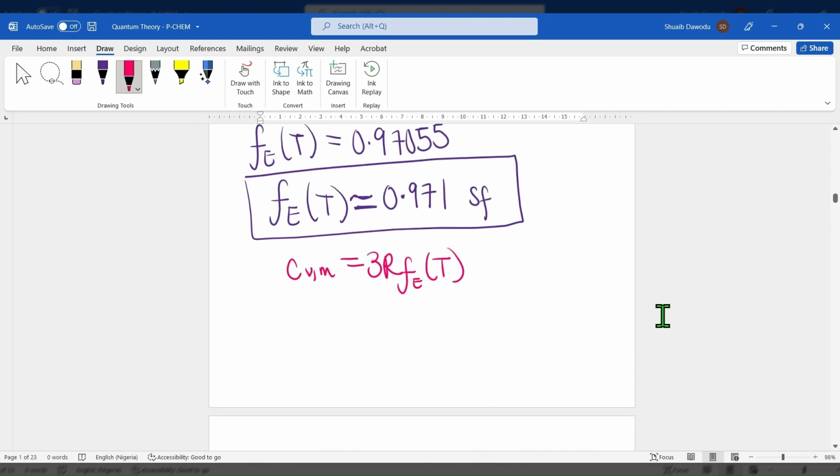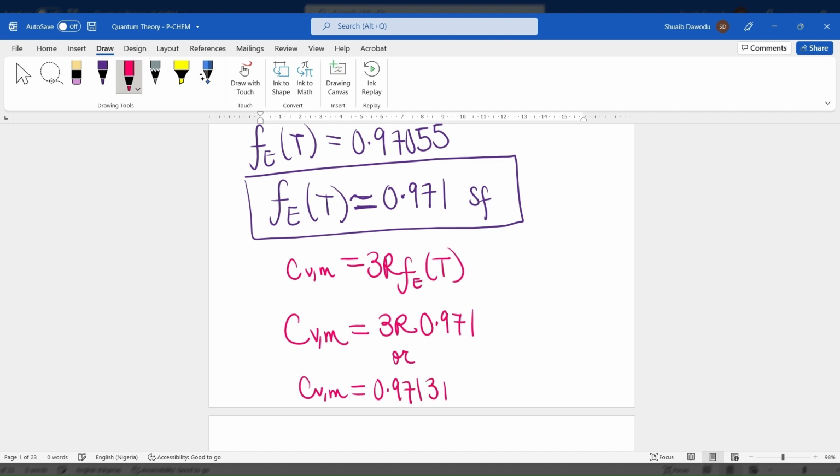So we cannot multiply 3 times 8.3145 times f sub e. We have no choice but to just say C V comma m is going to equal 3R times 0.971. So it would be 3R times 0.971, or you could also say C V comma m is equal to 0.971 times 3R. So this is basically the answer to this question below.